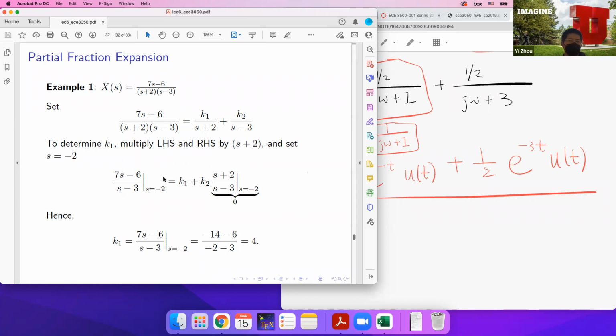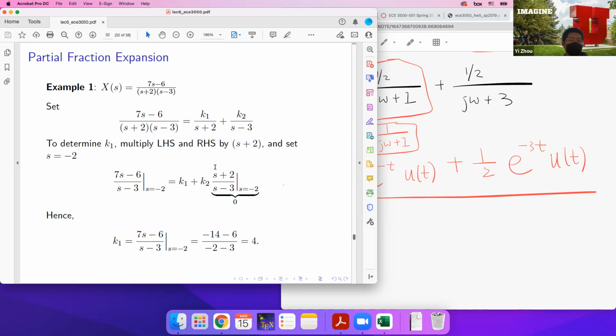And then we can evaluate both sides at s equals -2, which is the root of this factor s plus 2. So you set s plus 2 equal to 0, which gives s equals -2. And then you evaluate this equation on both sides at s equals -2. You can see that this factor will always become 0 because s plus 2 is multiplied in the numerator.